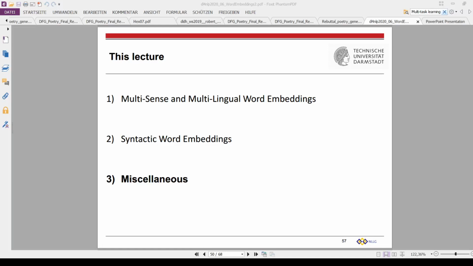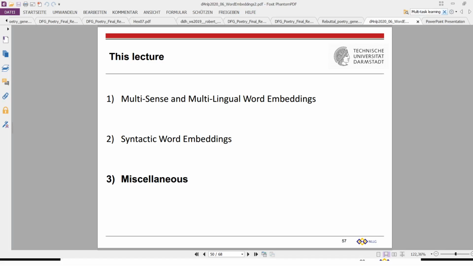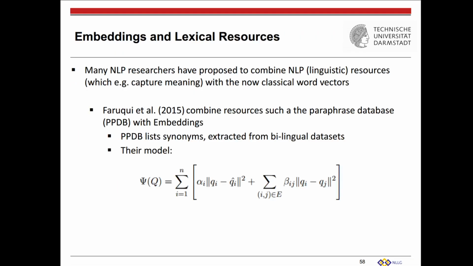All right, let's talk about various other things in the context of word embeddings that people have come up with as extensions of the base model. One of the things that people have considered in the last couple of years is to combine the classical word embeddings, which are just distributional models based on co-occurrence statistics on large data sets, with classical lexical resources developed by linguists, right?